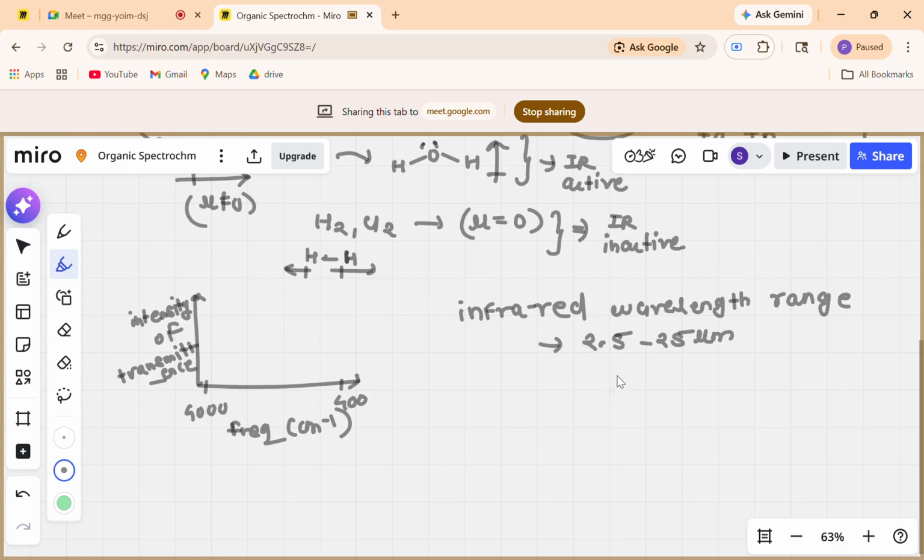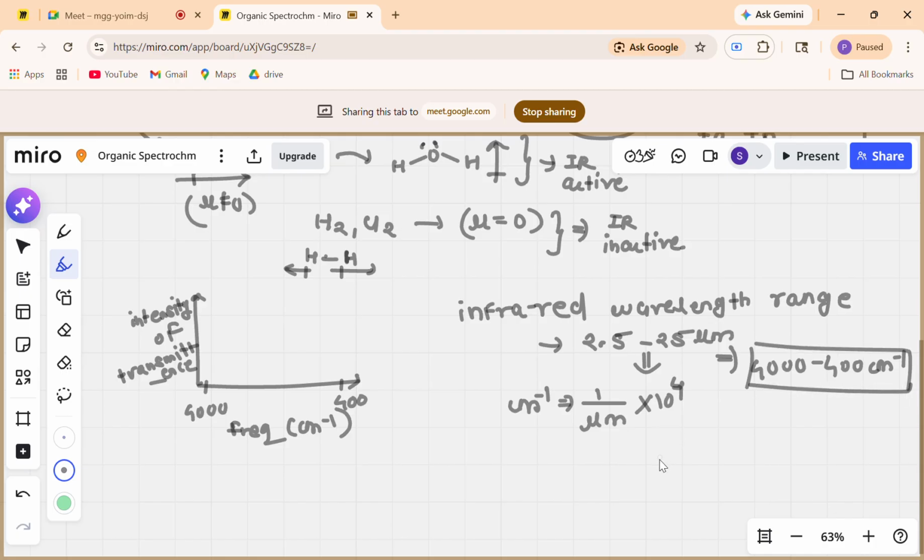If we convert it into centimeter inverse, that will be 1 upon micrometer into 10 raised to 4. Then the range will lie between 4000 to 400 centimeter inverse. So this is basically the range for your infrared wavelength.